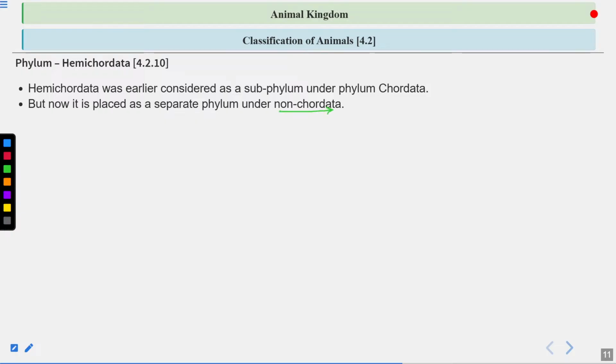So what is the difference between chordates and non-chordates? Chordates have a notochord, a longitudinal flexible rod of cells, and they have a dorsal hollow nerve cord. These are the characteristic features of members of the phylum Chordata.